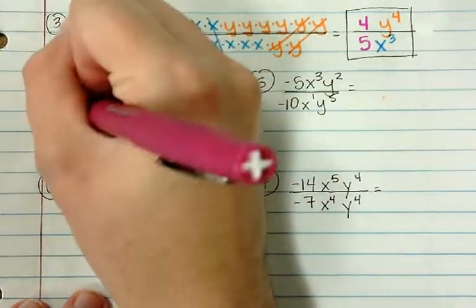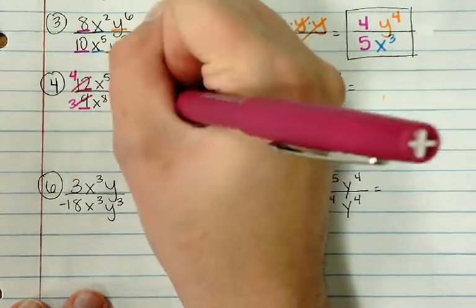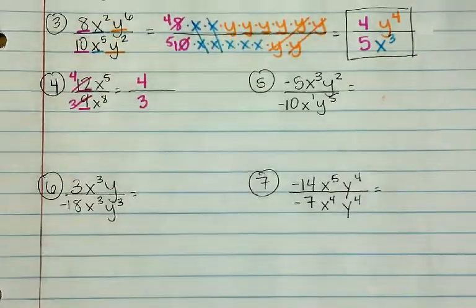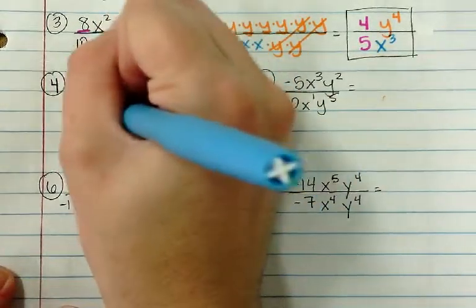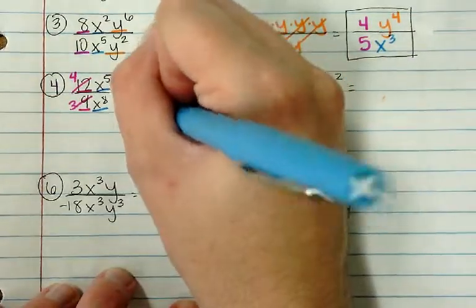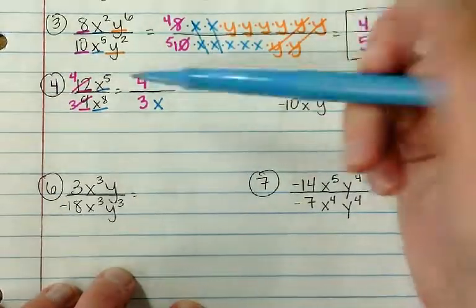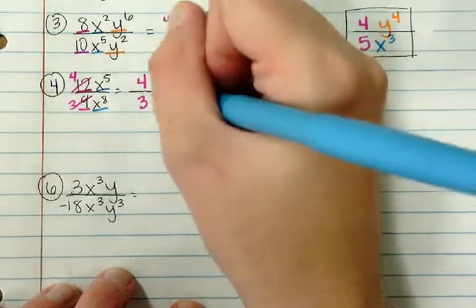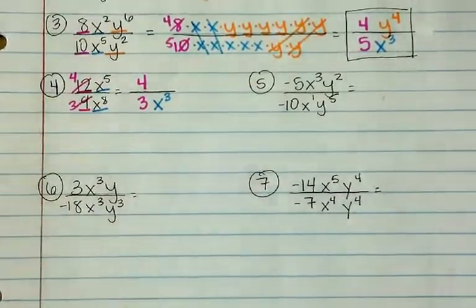And then the x to the 5th and the x to the 8th. Well, guys, where's your bigger exponent? On the bottom. So that means my x is going to end up on the bottom. And 8 minus 5 is 3. I personally don't think that looks super great, so I'm going to rewrite it because I like my little numbers to be all centered.